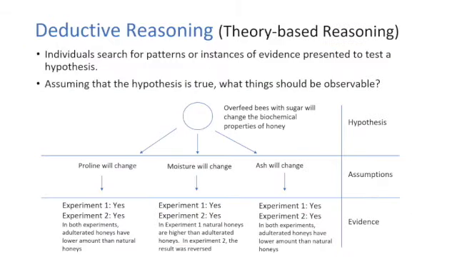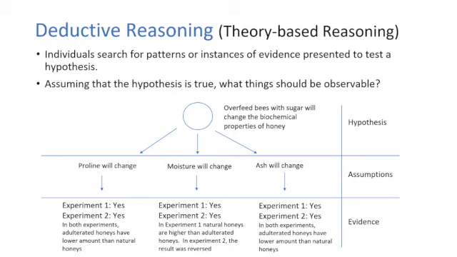In the module 2.2, we ask if overfeeding bees with sugars will change the biochemical property of honey. We know that honey is a complex mix of many substances. So we assume that some substance will change if we overfeed bees with sugars.